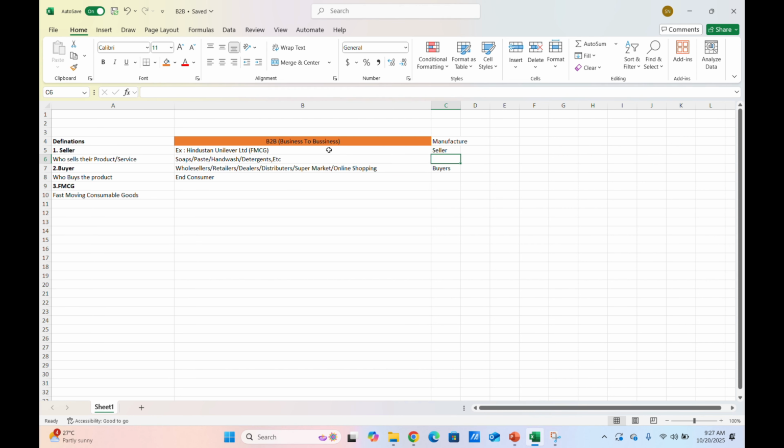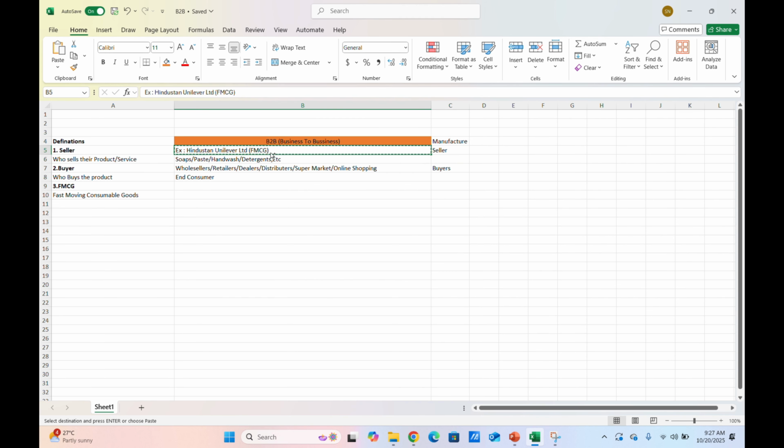So if in case Hindustan Unilever wants to sell their product directly to the end consumer, what does it come to? Say here, I'm going to copy it again.